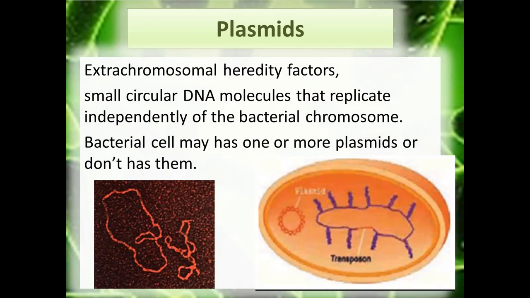Some bacteria have one or more plasmids, and some don't have any of them. And here you see the bacterial cell schematic diagram. Its chromosome, the large circular molecule of DNA, and the small circular molecule, its plasmid, extrachromosomal hereditary factors.